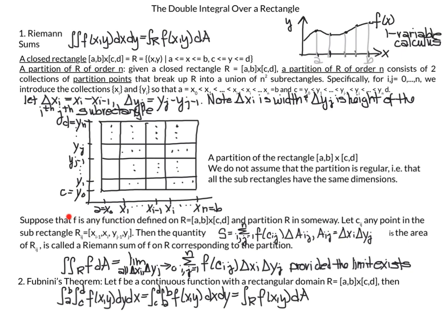Now suppose f is any function on our rectangle a to b, c to d, and we partition R in some way. Then let c_ij be any point in the subrectangle, so any point inside.